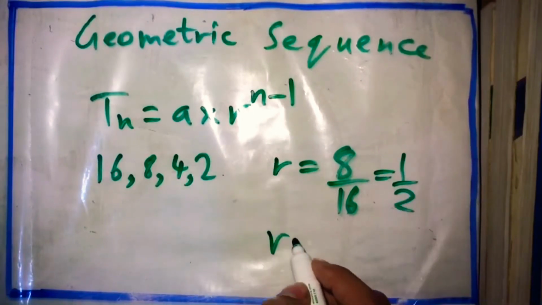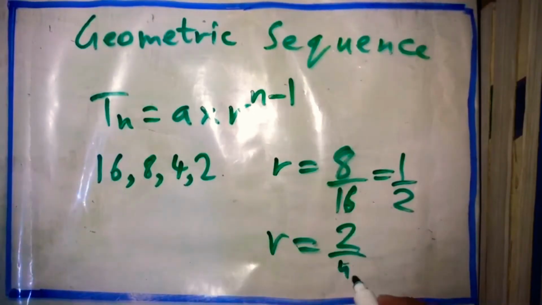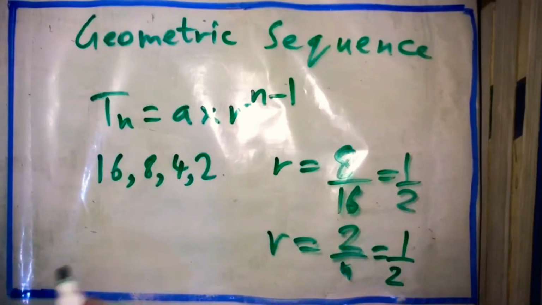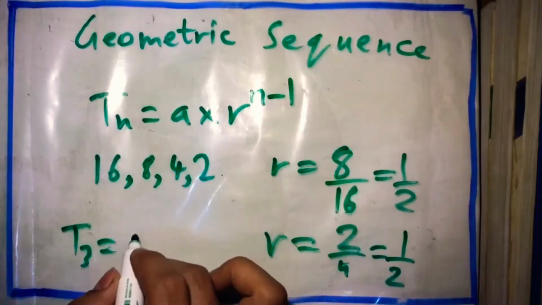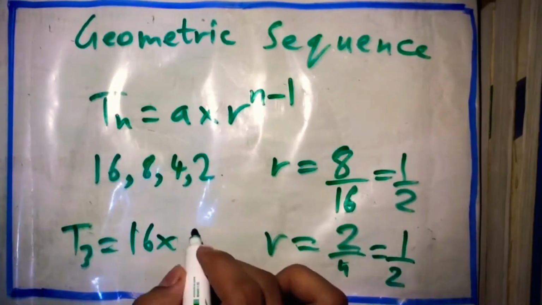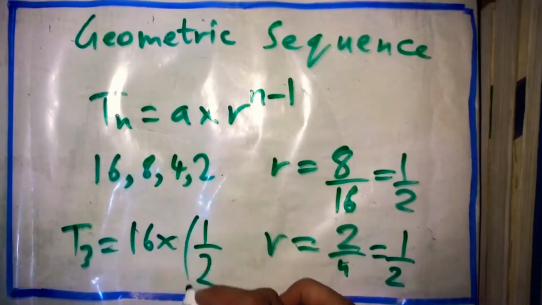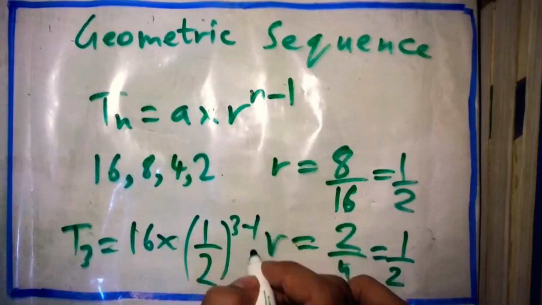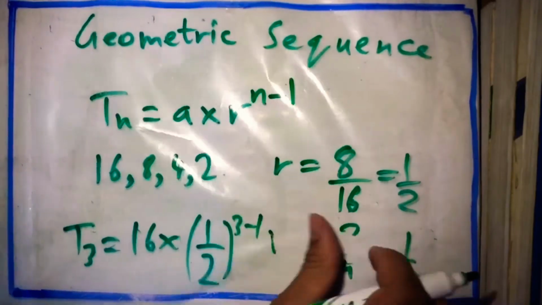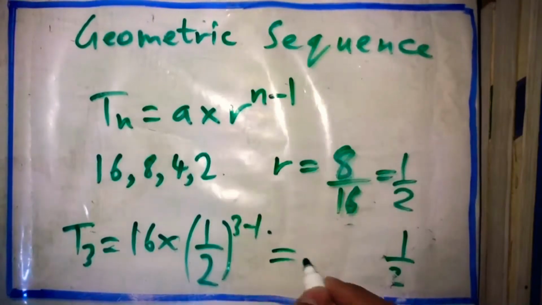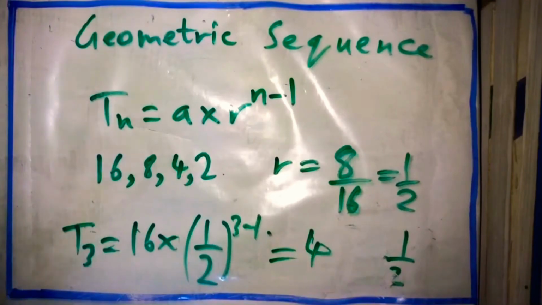Or if we take 2 and 4, 2 upon 4 equals 1 upon 2. Now to find the third term, t3 equals a, which is 16, times r, which is half, to the power 3 minus 1. This will be equal to 4.